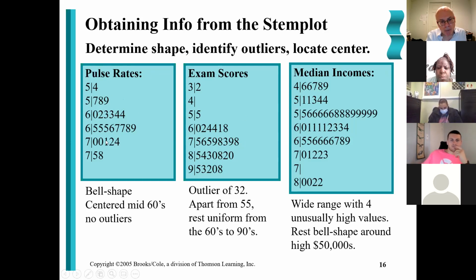This looks like a bell shape. This one is most of the data is to the right, and it's sort of tailing to the left. This one here, most of the data is to the left, and it's tailing to the right. When I say left and right, you have to sort of picture the stem plots rotated, where the 4, 5, and 6, 7 would be on the bottom instead of running along the vertical here.